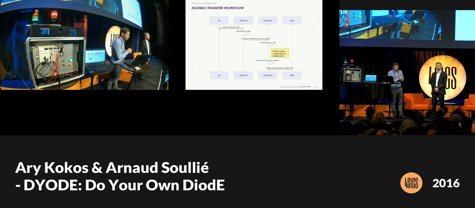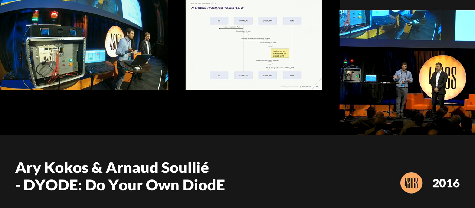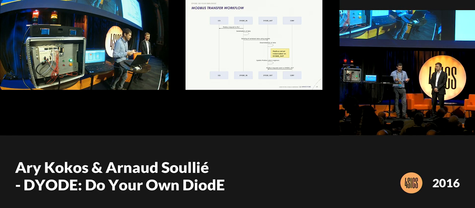Regarding the Modbus transfer workflow, as mentioned, we do not want to have a direct connection between my corporate PC to the PLC. So how does it work? The input Raspberry from the data diode will have a Modbus client. Every second, it will request some values, coils, registers, from the Modbus PLC.